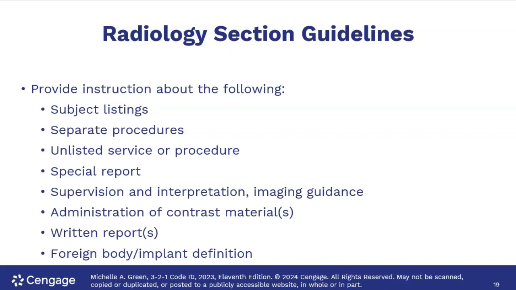We have special reports, unlisted procedures, supervision and interpretation. A lot of times, if your 7000 code has supervision and interpretation at the end of it, that means you need a surgery code with it. And it will usually list those surgery codes out, 3000, 5000 codes.